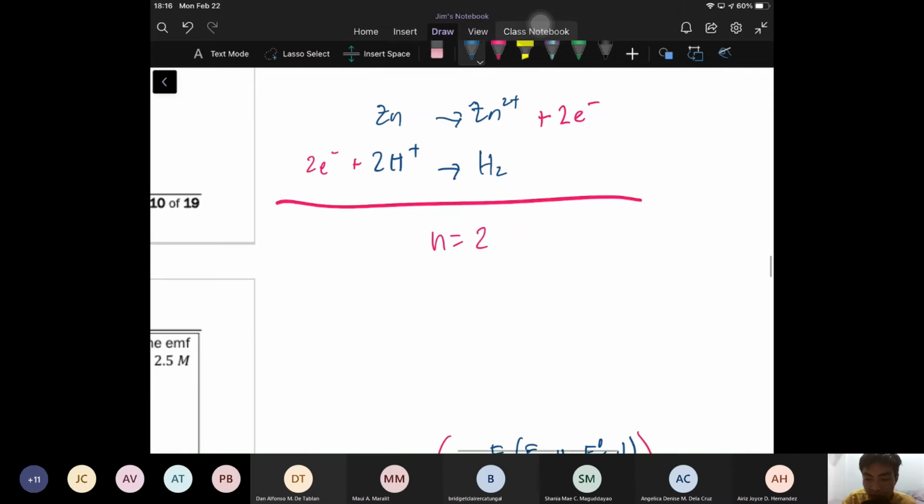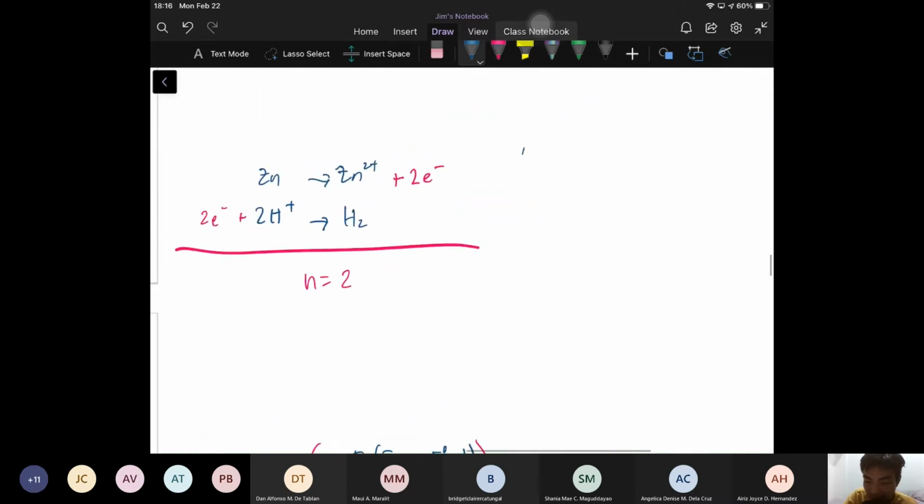Ano yung E not cell neto? Solve na rin natin E not cell. That will be E cathode minus E anode, di ba? From the two equations, our anode will be this one, yung zinc, kasi na-oxidize siya. Yung ating hydrogen, yan ay na-reduce. So, ito yung inyong cathode. Sa table, yung cathode, yan ay 0 volts.